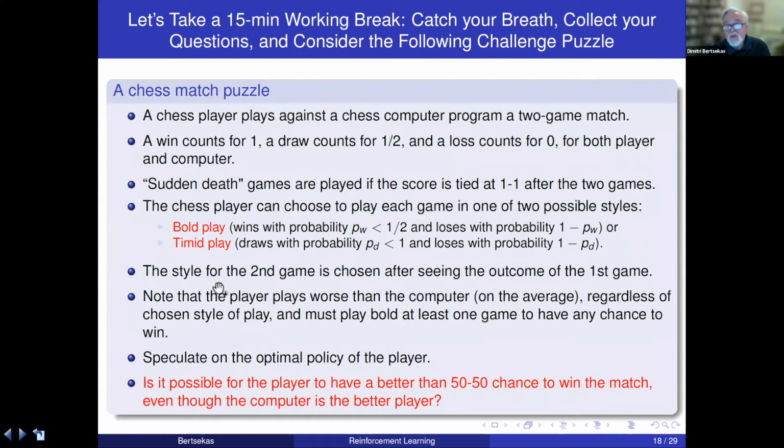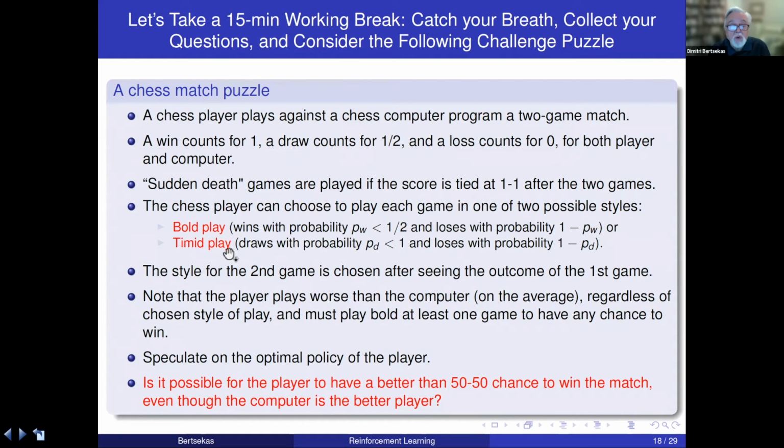The player gets to choose the style for the second game after seeing the outcome of the first game. So the player has feedback here in watching the progress of the game, and the computer is assumed to play the same. Cannot affect the style of play in the game. Okay, so the player plays worse than the computer on the average.